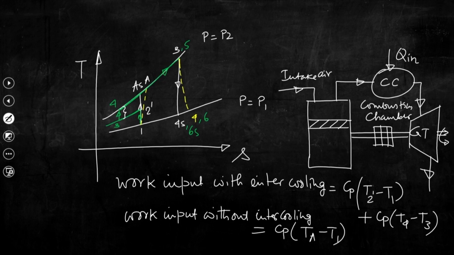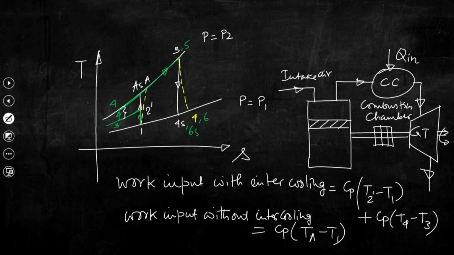But now heat addition which we need to supply to the combustion chamber to get equal amount of work output, in that case the heat addition should be T3 minus T4. Certainly T3 minus T4 is higher than T3 minus TA or T3 minus TAS.